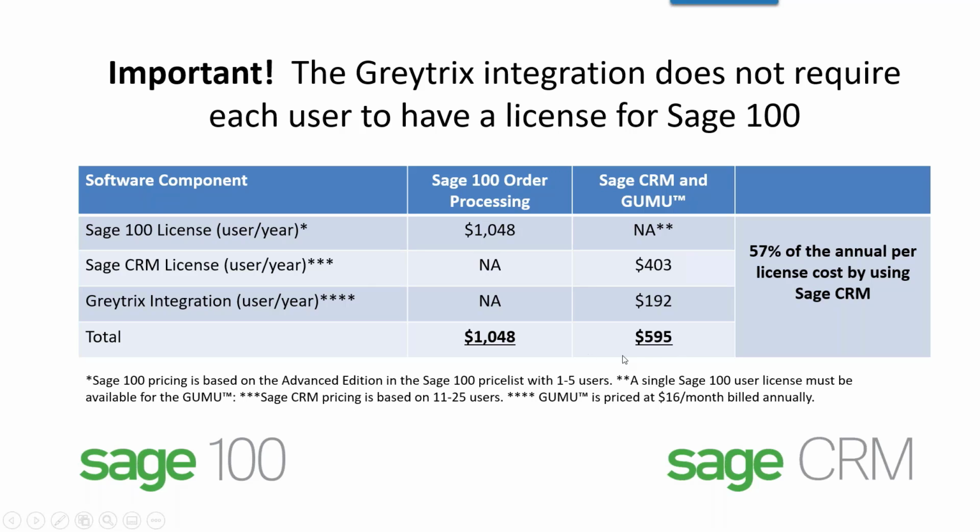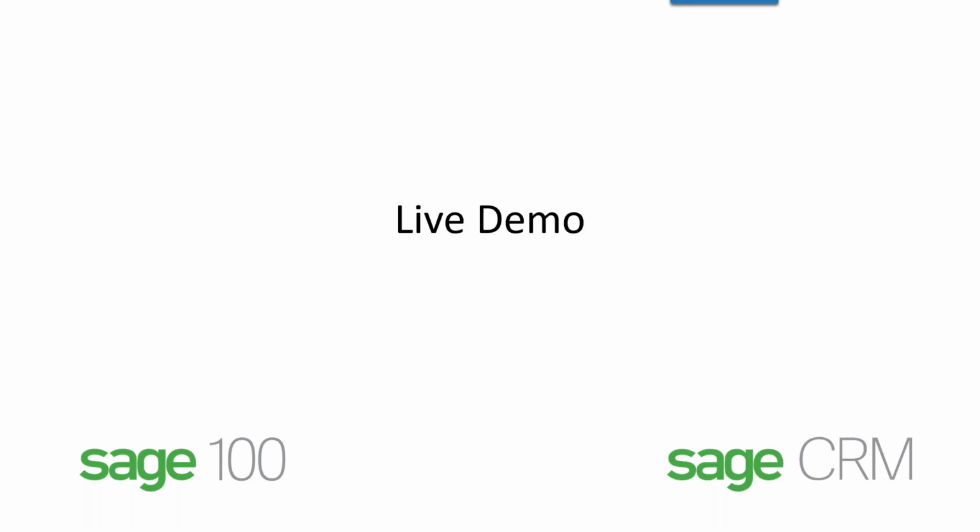So not only is it cost effective to have order processing staff use Sage CRM in terms of the annual rate, but they get CRM on top of that, which is what smart people do, right?